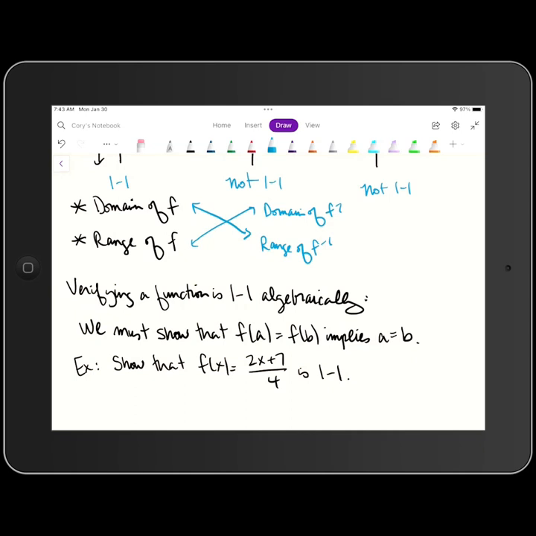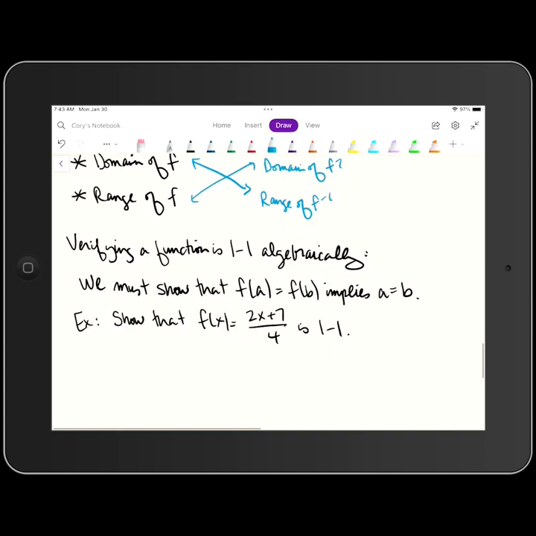All right, so we're going to do just two examples illustrating this. First one asks us to show that the function f of x is equal to 2x plus 7 divided by 4 is one-to-one. Okay, so f of a being equal to f of b.